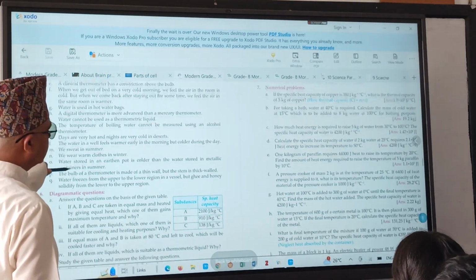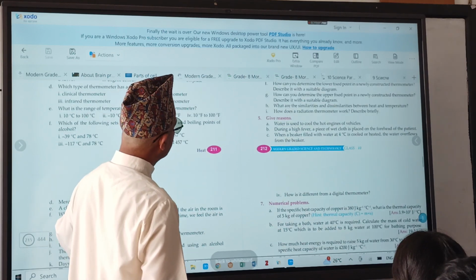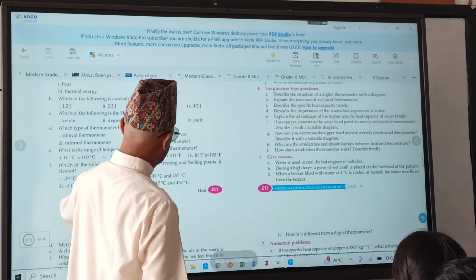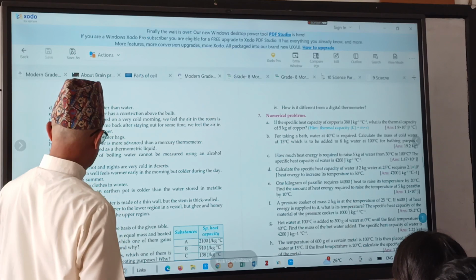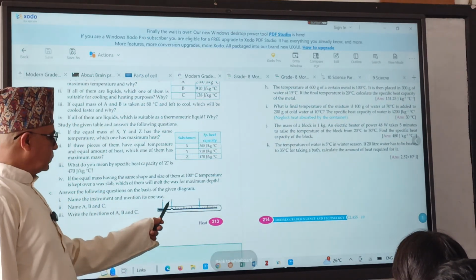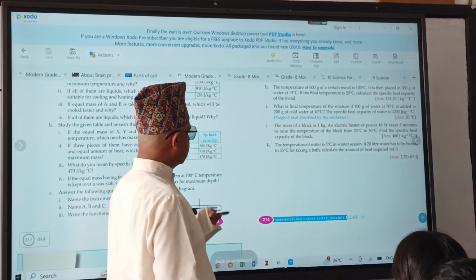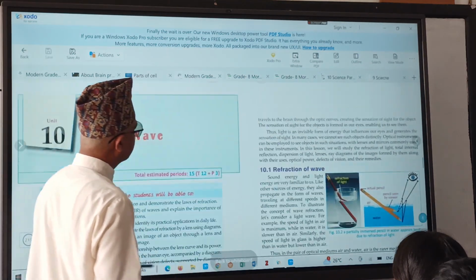Where is the diagrammatic question gone? Here it is. So it prevents backflow of mercury. That's why we can measure the temperature very easily, right?